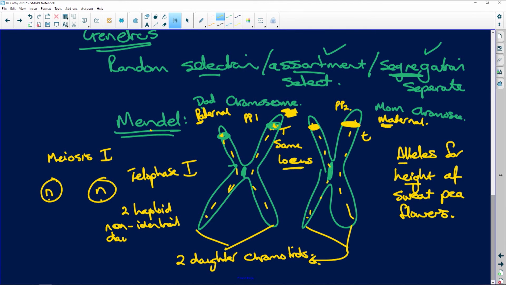Non-identical daughter cells. 2. So in this one, I will have for this pea plant, the gene for tallness, and in this one, I'm going to have the gene for shortness. And they are going to separate out independently and randomly when the gametes are made.